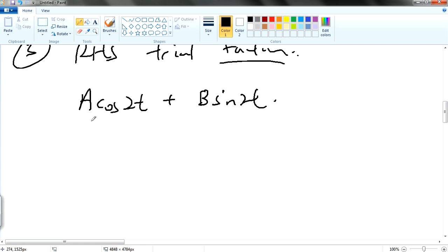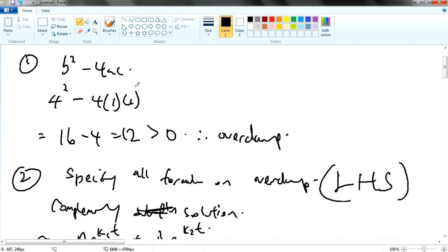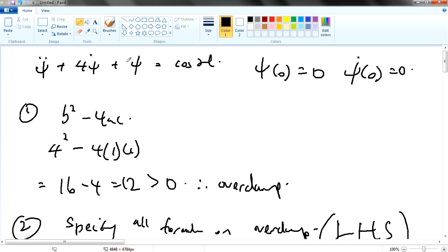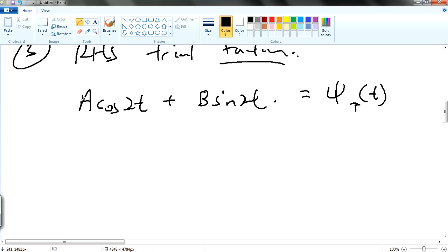So therefore, let's take it as y_p of t. Okay, the purpose of this particular function is to differentiate it two times, one time and two times, to substitute it into here and then compare to here. Later you will know what I mean.